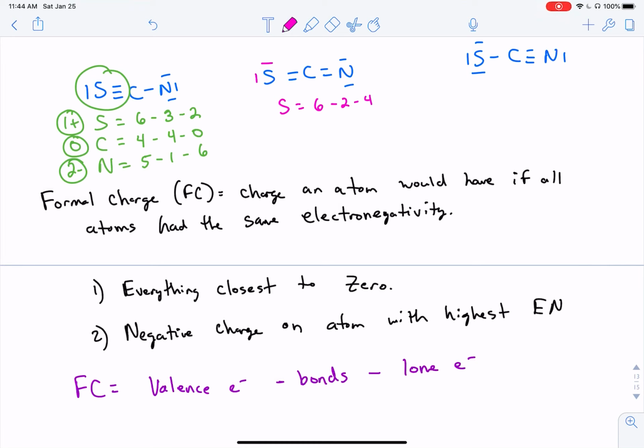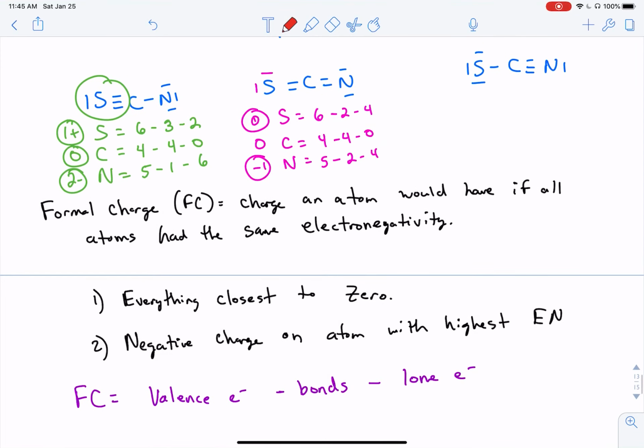So that's 0. C is 4 minus 0, so that's 0. And then N is 5 minus 2 minus 4. So it's -1. Thank you, Mohammed.